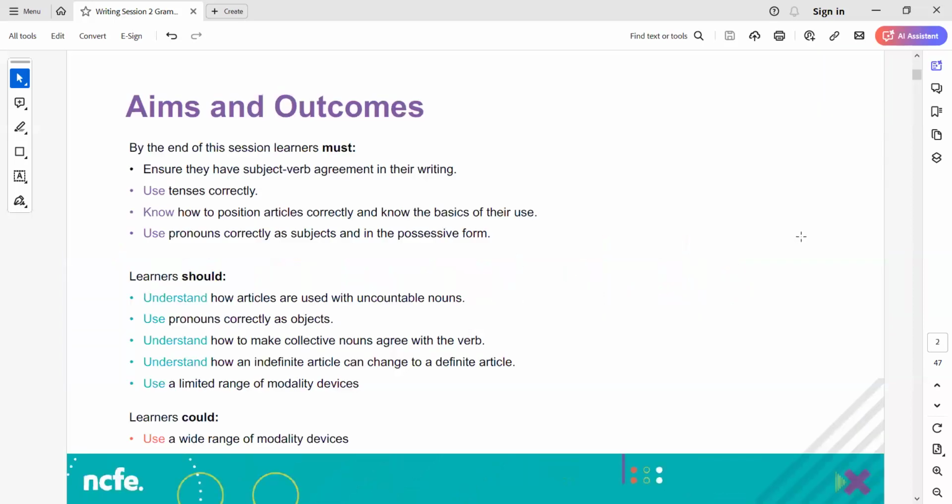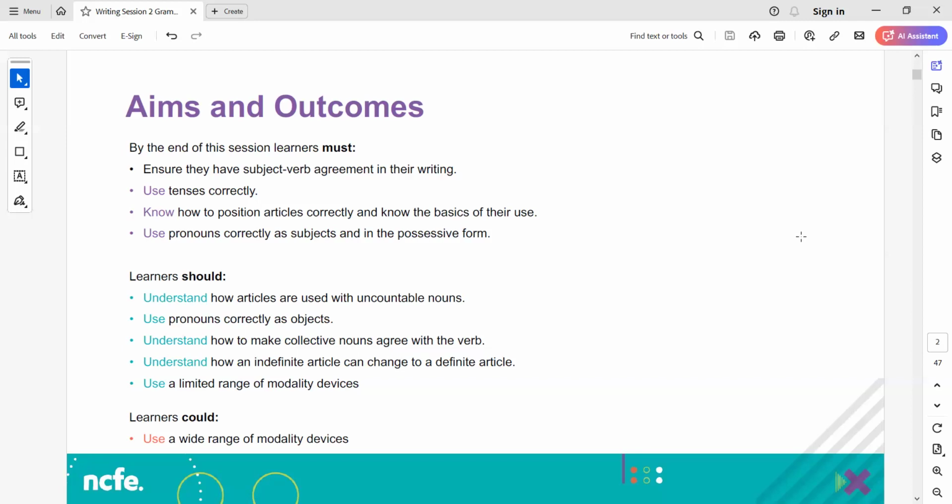So our aims and outcomes. By the end of this session, you must ensure you have subject-verb agreement in your writing, use tenses correctly, know how to position articles correctly and know the basics of their use, use pronouns correctly as subjects and in the possessive form.